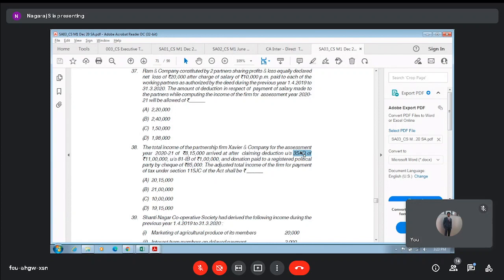Why? Because they have taken 35AD and 80IB. 80IB means 80H to 80RRB. It will be in between that. 80H to 80RRB. Is 80IB between that or after that?